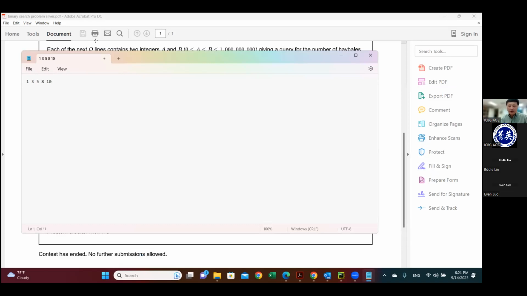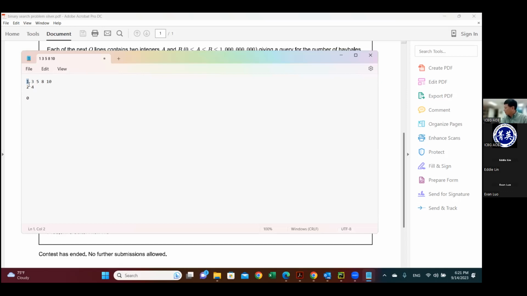Now I'm trying to find 2 and 4. First, you are trying to find the 2 in this list. Of course, you cannot find it because the 2 does not exist. But you will be able to find the left bound for it. What is the left bound? That will be 0, because this is 1.